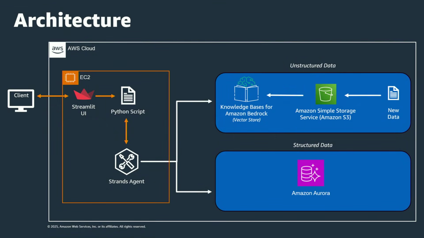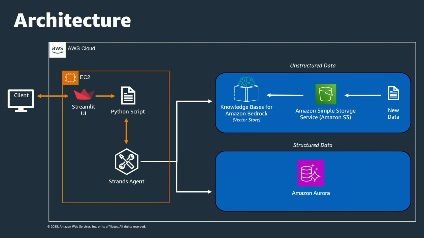The first thing we'll do is briefly talk about the architecture of the application we will be building today. On the far left-hand side, you'll see a UI application. We've written that in Streamlit, nothing complicated, but that UI will take a user question and answer it via two types of data.